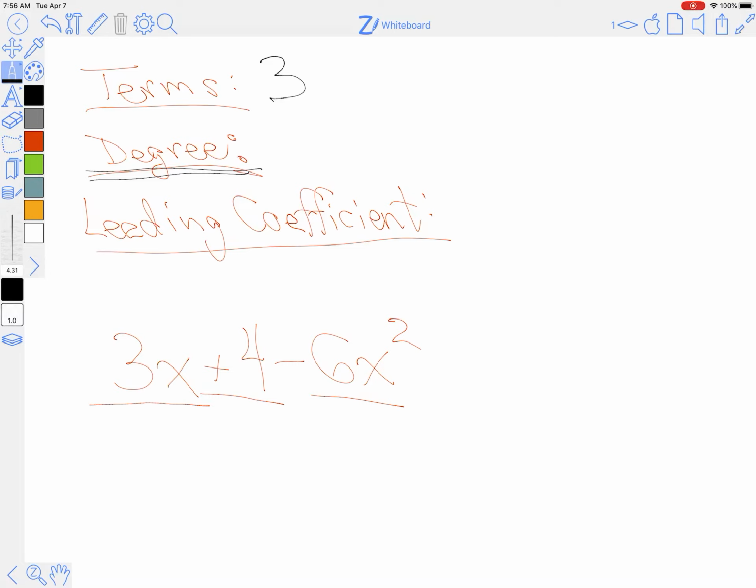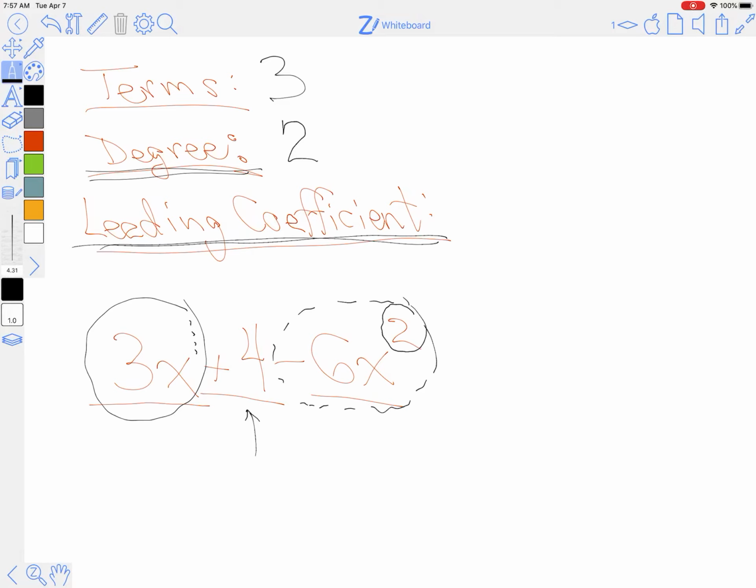So when I look at this term, I don't see an exponent. If we don't see an exponent on a variable, there's an imaginary 1 there. I have no variable here with the 4, so I don't have an exponent there to have a degree. And then when I look at my last term, this negative 6x squared, my exponent is a 2. So that's the highest exponent that I have on a variable. So the degree of this trinomial is 2.